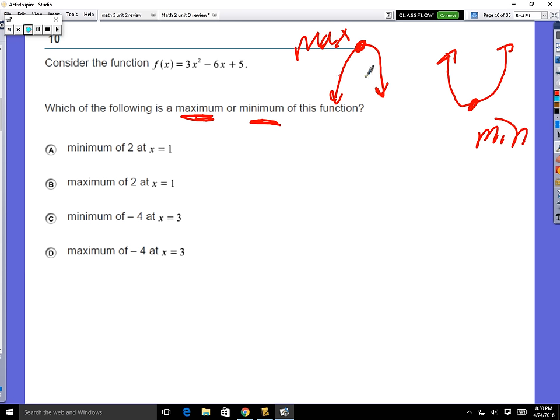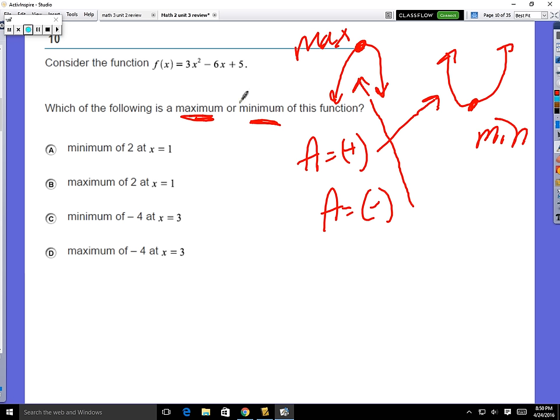And what flips them upside down is this: when A is positive, it looks like this guy. But when A is negative, it flips it upside down. So your A is actually 3, so it's positive and we're going to have a minimum.